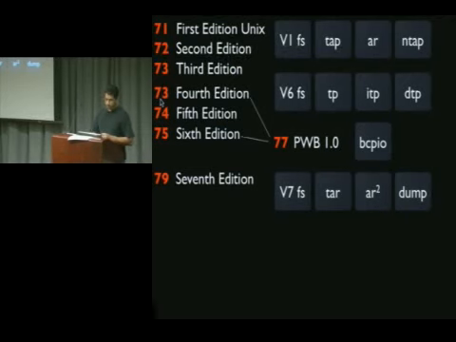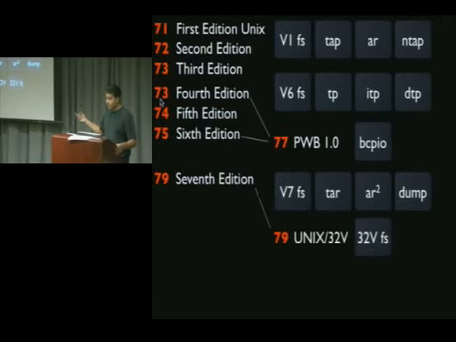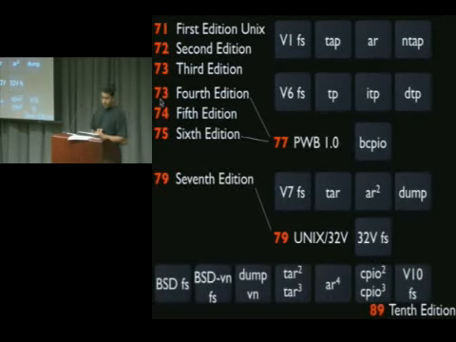And then I ran out of space to show the lineage, and I wanted to keep it to one page. So there was 32V, which was the 32-bit port of Unix to the VAX, and the file system was also 32-bit, and you could use a bigger block size as well. And the 6th edition also led to 1BSD, the very first BSD ever created, and all this while, BSD was flourishing.